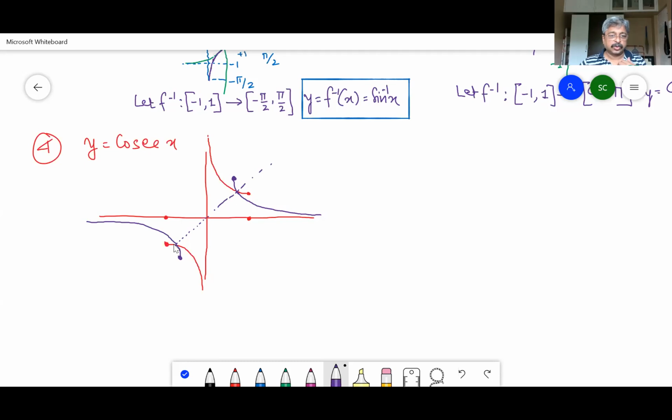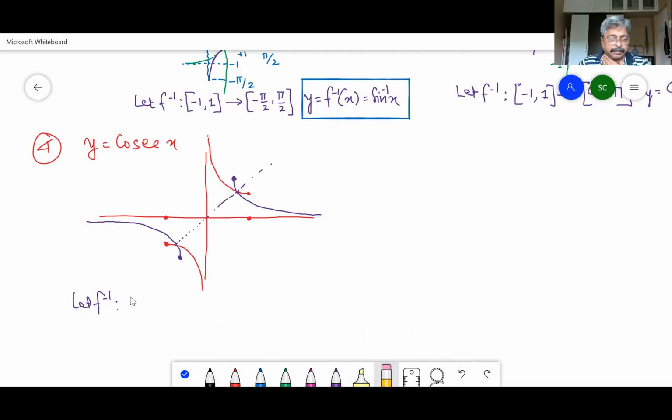Okay, so let f inverse be from, what is the domain of cosec inverse?